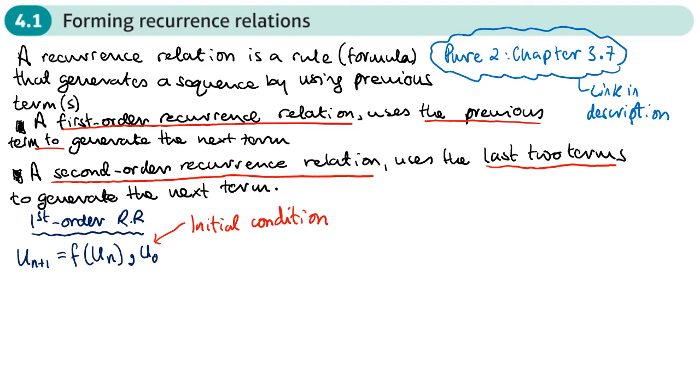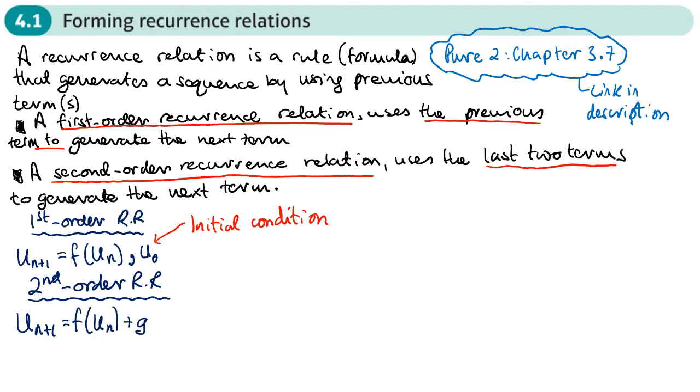And with a second order recurrence relation, so again, I'll just use this shorthand here. To get the next term, it's some function of the previous two terms. So it's some function of the previous term and maybe a different function of the term before that.